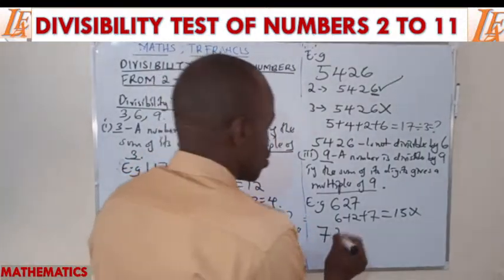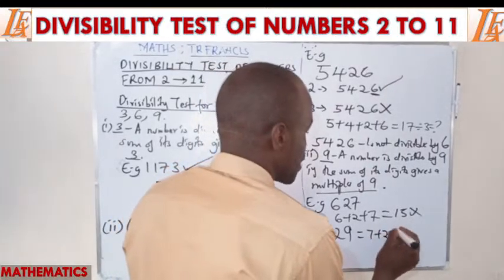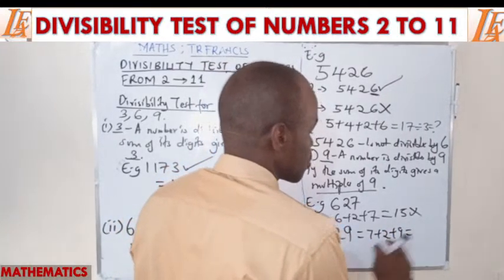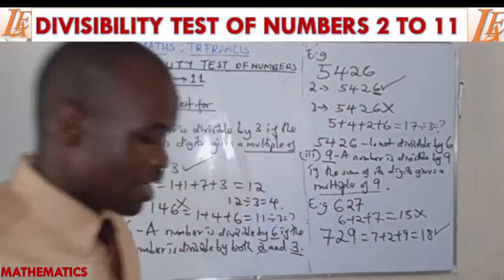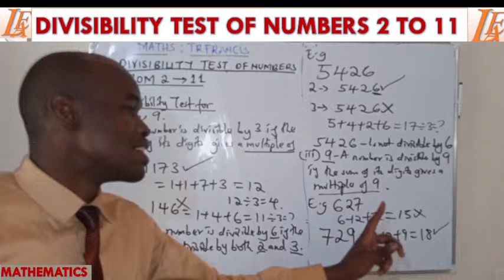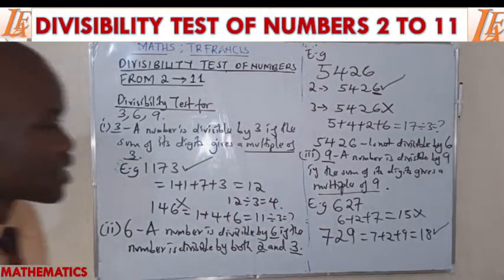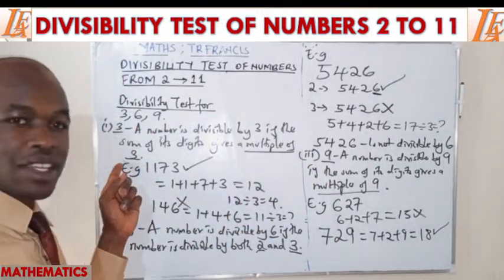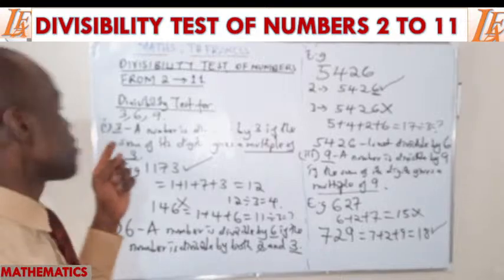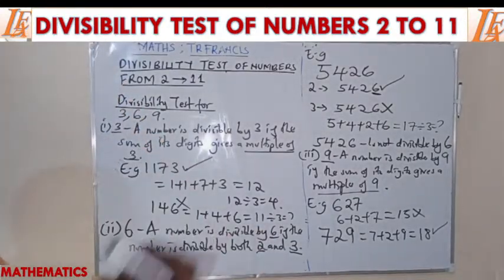What about 729? 7 plus 2 plus 9. 7 plus 2 is 9, plus 9 is 18. So 18 is a multiple of 9. Therefore, 729 is divisible by 9. And if you look at this, 18 is also a multiple of 3, so this number is also divisible by 3. So that's the divisibility test for 3, 6, and 9.